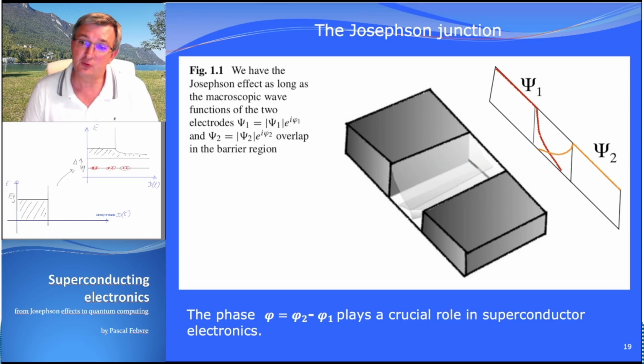So now if you take two of these superconductors and you make them not too far from each other, like a few angstrom or a few nanometers, maybe 1-2 nanometers maximum, this wave function, you can calculate that with quantum physics, is not just sharply going to zero here, because you have the uncertainty principle as well.